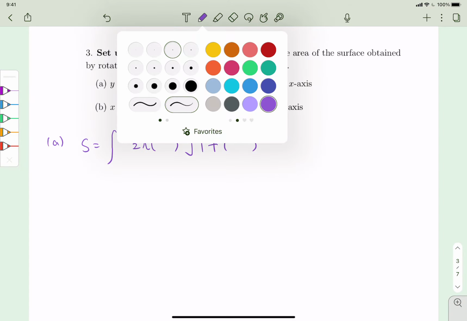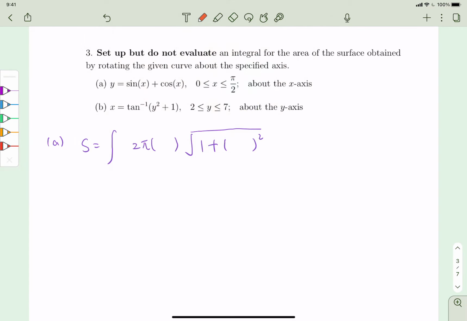So now we take a look at the condition in the question. If the rotation is about the x-axis, that means your radius has to be y, right? So when the radius is y, the circumference has to be 2 pi y. So we need to fill in the y here because of that.